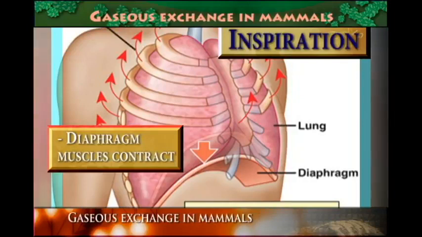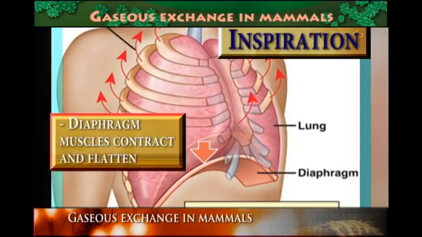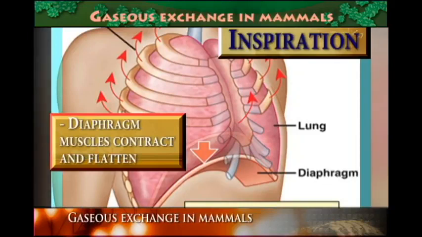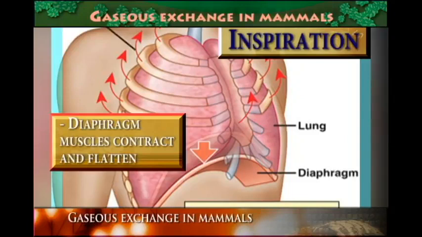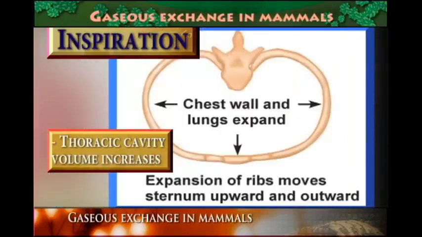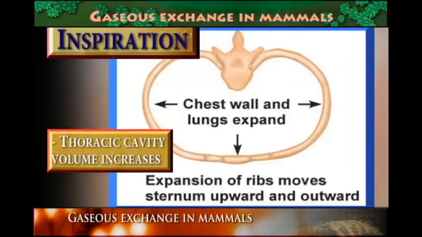And when they contract, the diaphragm muscles are going to get flattened, and the diaphragm is going to lose its dome-shaped structure into a flat structure. In the process of doing so, the thoracic cavity volume increases.